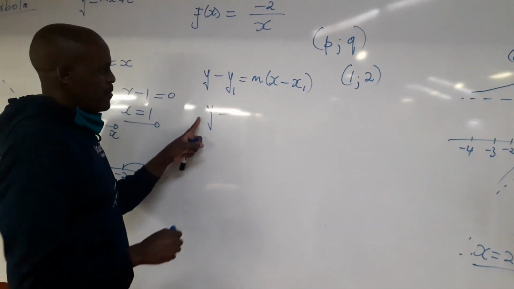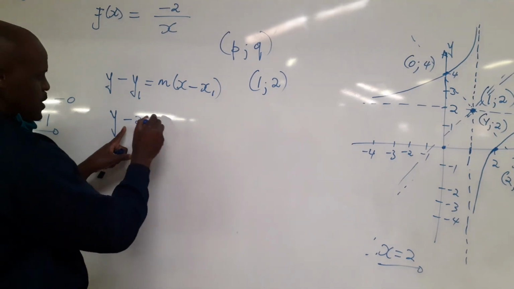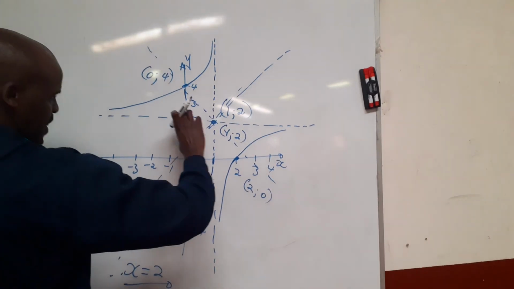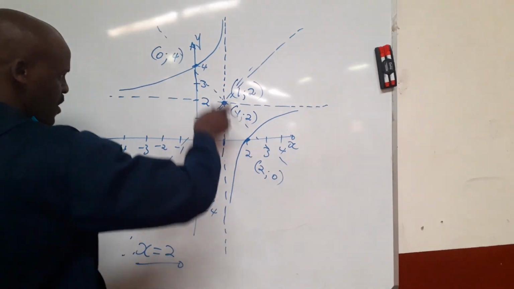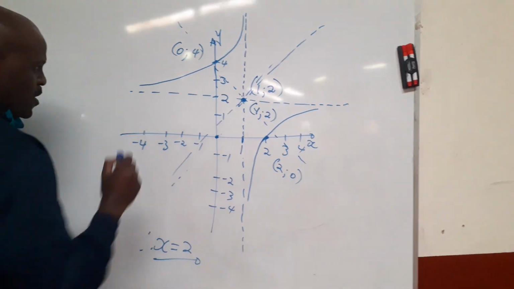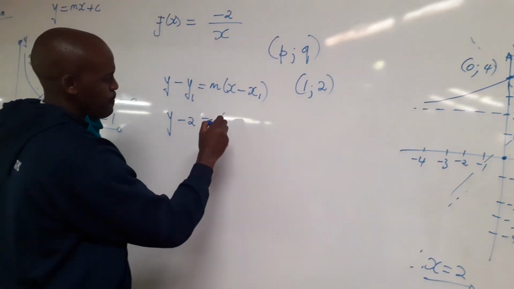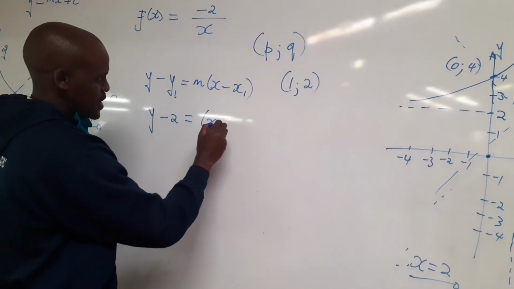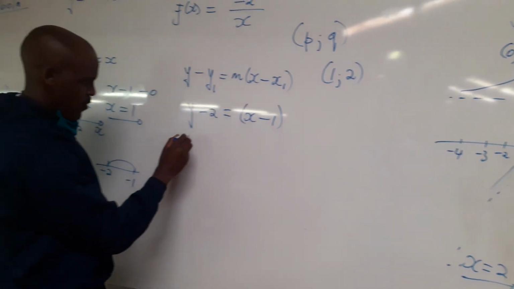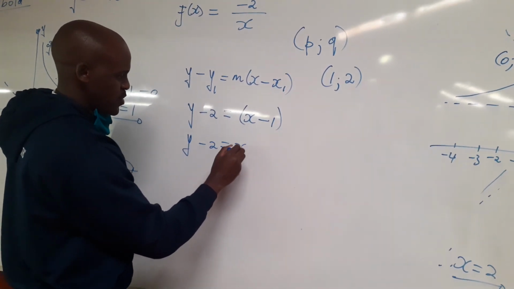It's y minus y1, which is 2, is equal to, remember, the only thing that we did here, we just shifted our axis to that point. So the gradient is still 1 into x minus 1. Therefore, y minus 2 will be equal to x minus 1.